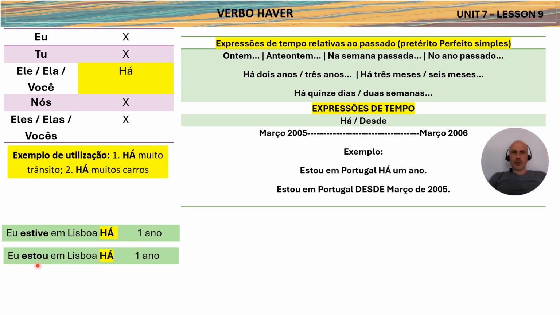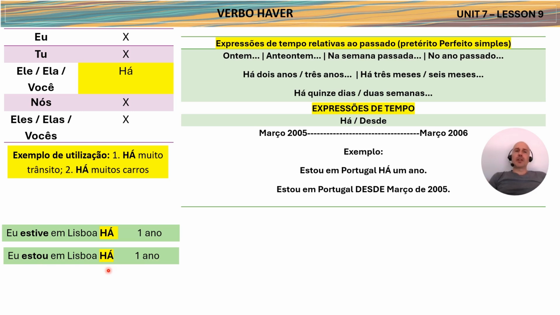So my question for you is, what's the translation? How are you going to translate this sentence, Eu estive em Lisboa há um ano? Or, to be more precise, what's the translation for this word há? And how about the second one, Eu estou em Lisboa há um ano?